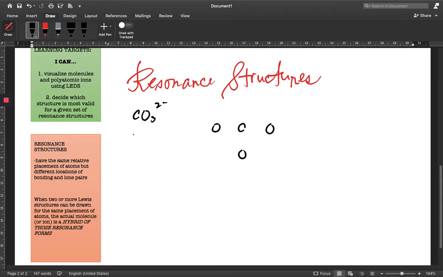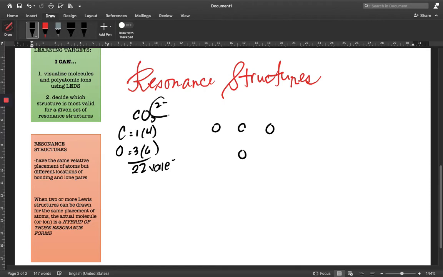For carbon, you have only one atom, times 4, because carbon has 4 valence electrons. Oxygen, there are 3 atoms of oxygen, and it has 6 valence electrons. So this is 18 plus 4, you have 22. Okay, 22 valence electrons.